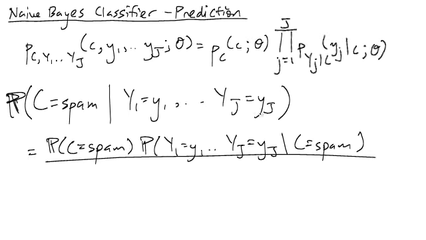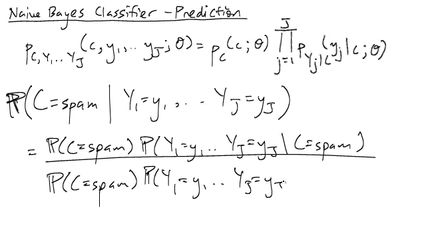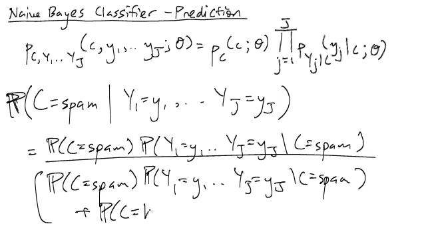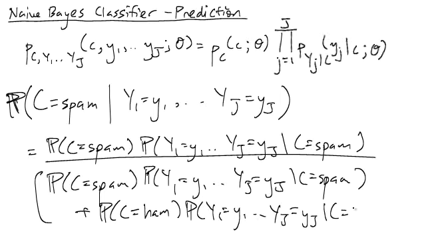But we can use total probability to break that up between the two classes. We'll have one term that's the same as the numerator, plus what happens when the class is instead ham, and y1 equals little y1 up to yJ equals little yJ for when the class label is ham.